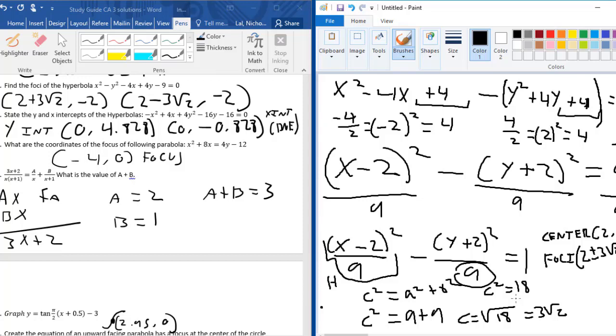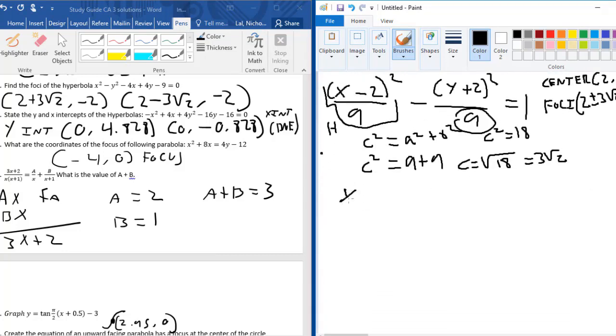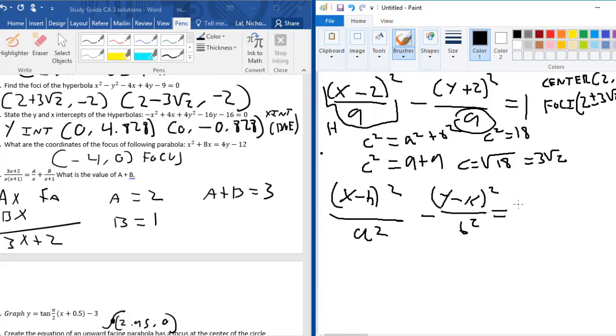Well, no. C squared is 9 plus 9. The standard form of a hyperbola is x minus h squared over a squared minus y minus k squared over b squared equals 1. So a squared is 9. B squared is 9.